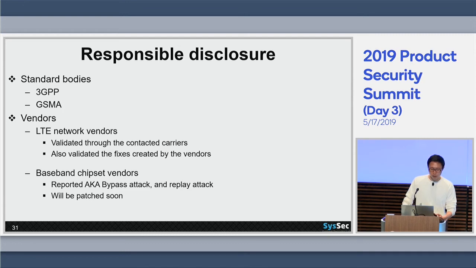In the case of implementation bugs in the LTE network vendors, we first validated all our findings through the contacted carriers, and recently we also validated the fixes created by the vendors. For the vulnerabilities in baseband chipset vendors, we reported the ACA bypass attack and the replay attack, and the vendors gave us acknowledgement, and they said they will patch them soon.